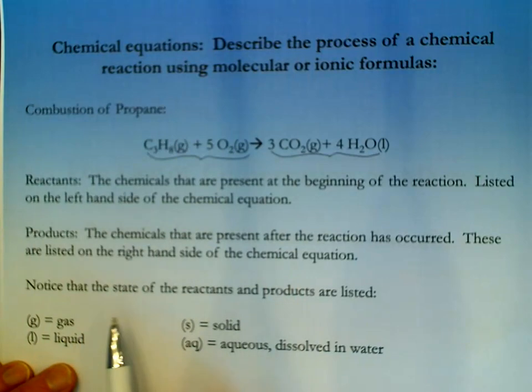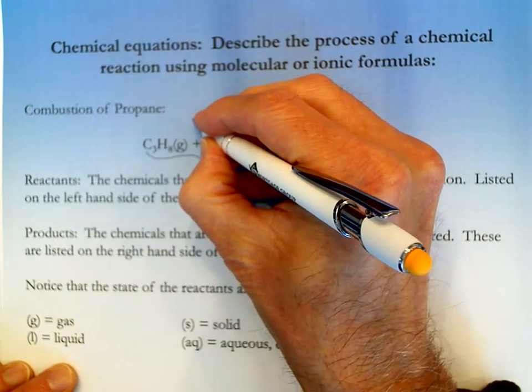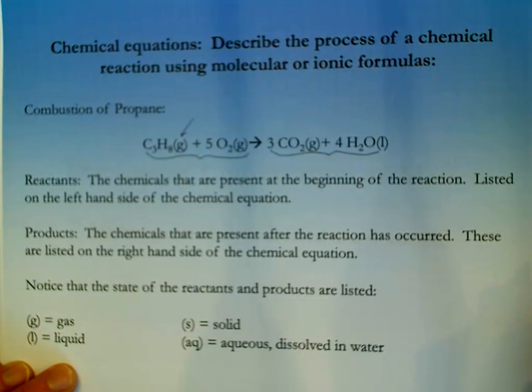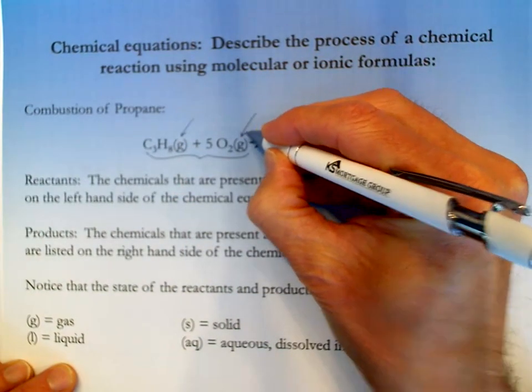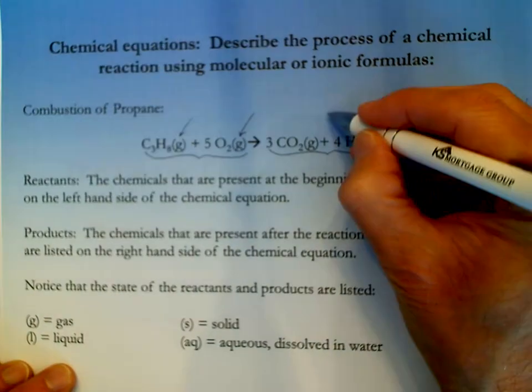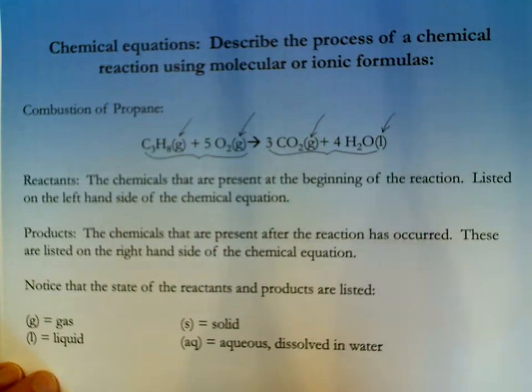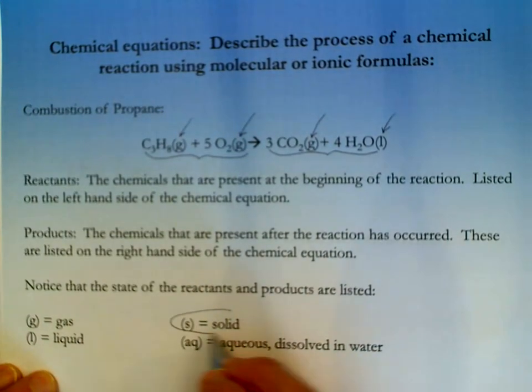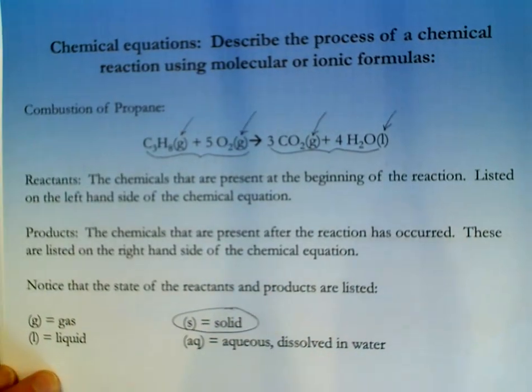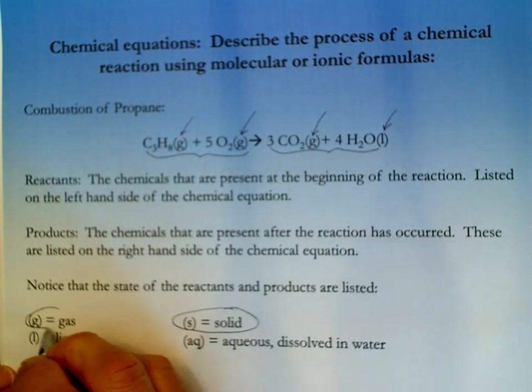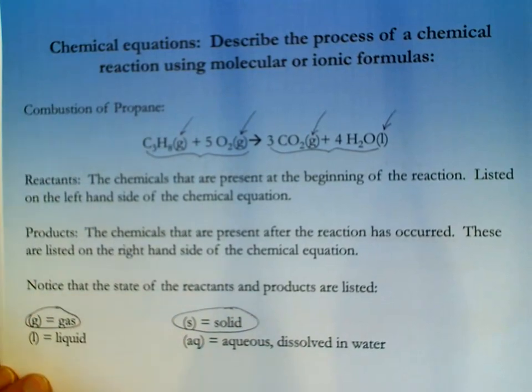You'll notice that the physical state of the reactants is listed. So here we've got gaseous propane, we've got gaseous oxygen reacting to form gaseous carbon dioxide and liquid water. It probably makes sense that we write an s in parentheses if it's a solid, a lowercase g in parentheses if it's a gas, and a lowercase l if it's a liquid.